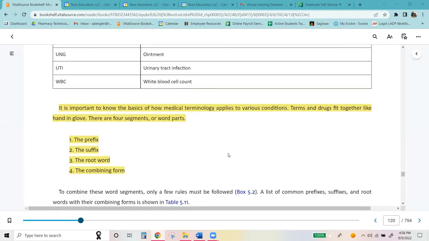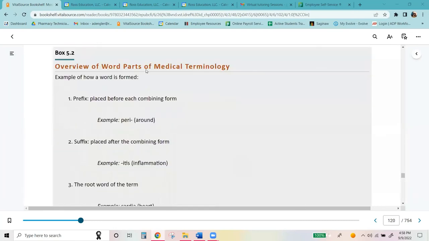When we talk about medical terminology, terms and drugs fit together like hand in glove. There are 4 segments: the prefix, the suffix, the root word, and the combining form. The prefix is placed before each combining form. For example, the prefix peri means around.